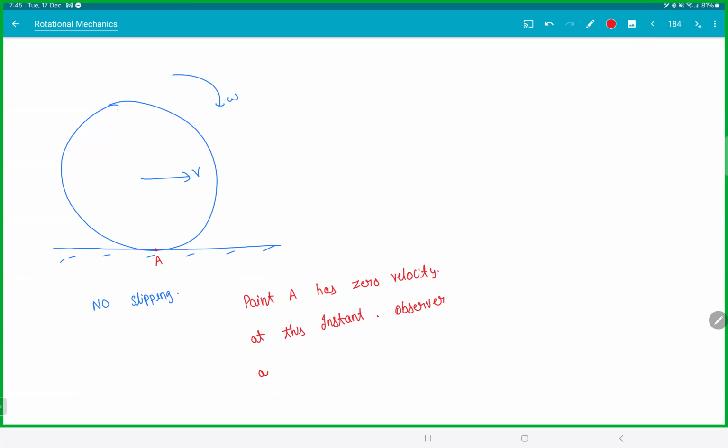So an observer at A thinks every point on the body is in pure rotation. Basically, the bottommost point behaves like a hinge for a moment.